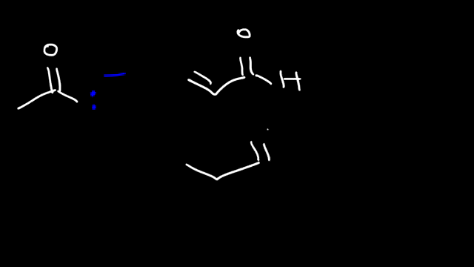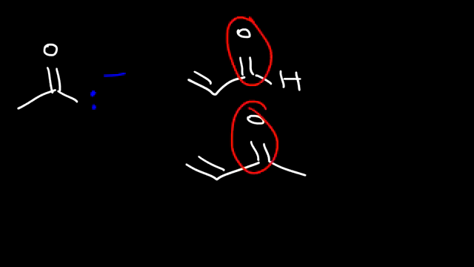So that's the first thing you need to look at when deciding where the Michael donor or the nucleophile is going to attack. The second thing is the Michael acceptor or the electrophile. Let's compare an aldehyde with a ketone, because in this video, we were using ketones as opposed to alpha beta unsaturated aldehydes. Now, which carbonyl group is more electrophilic or more accessible towards nucleophilic attack? Aldehydes are more reactive than ketones.